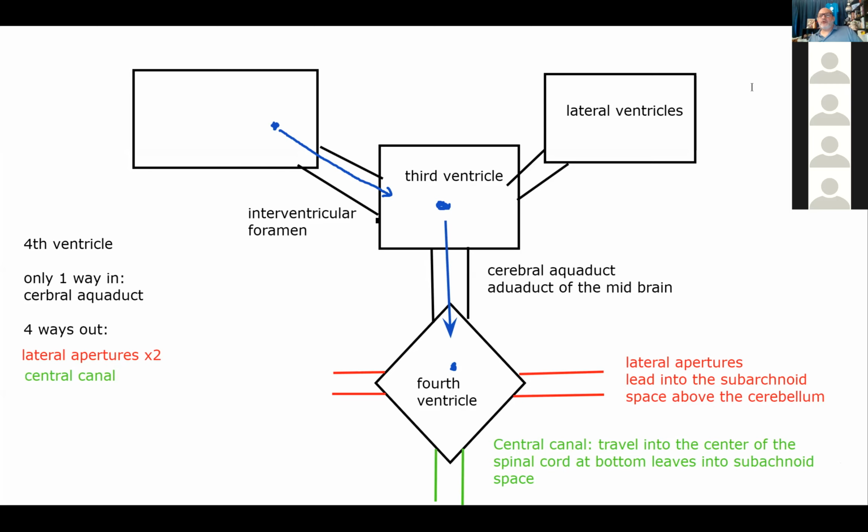And the fourth way out, and it's going to be tricky for me to draw it, is right at the bottom of the fourth ventricle, right on the midline, which is why it is called the median aperture.